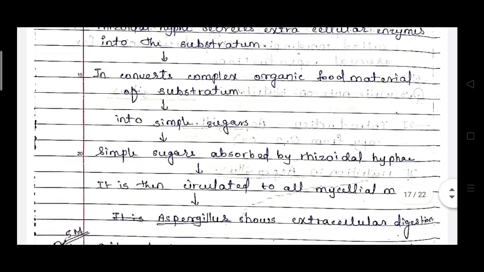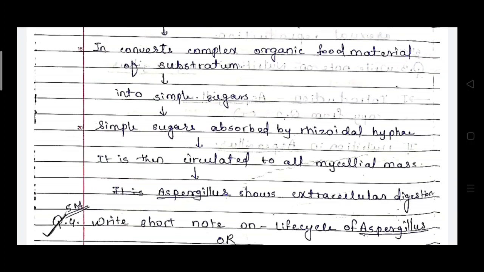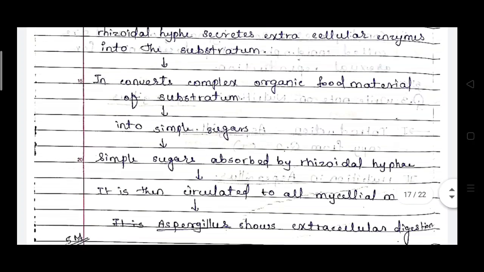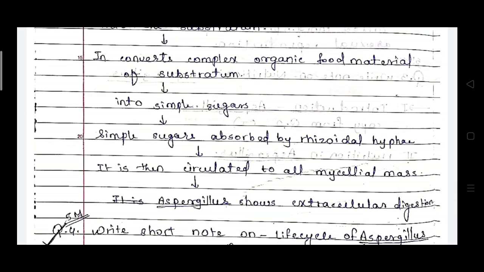That's why Aspergillus shows extracellular digestion, because the rhizoidal hyphae secrete extracellular enzymes into the substratum, converting the organic food material into simple sugar. So in Aspergillus, extracellular digestion is present.